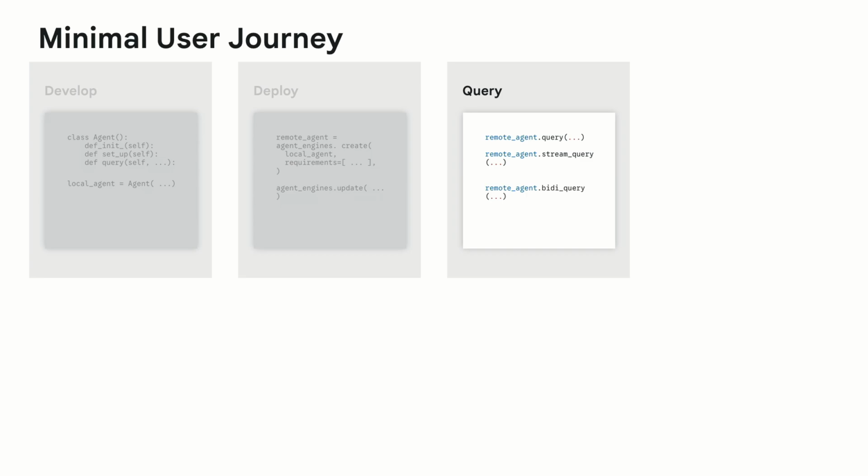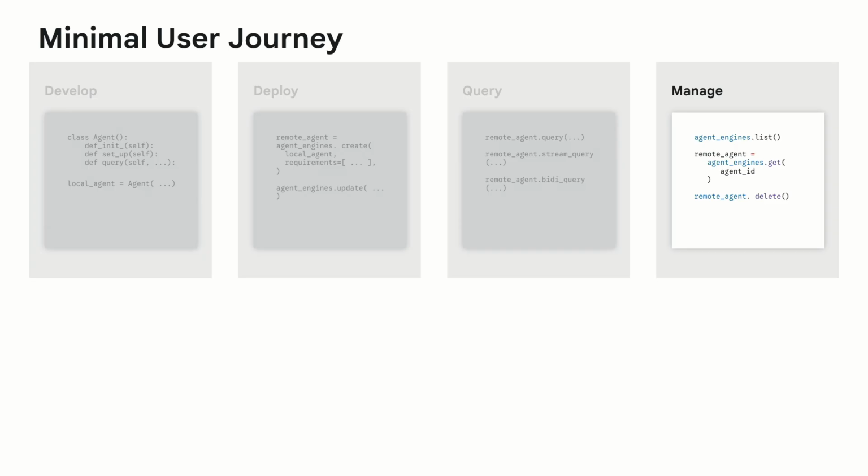Once deployed, your agent is ready to take requests at scale. Agent Engine natively supports 3 types of cloud APIs: unary, streaming, and bidirectional streaming. You can use some or all of those depending on your use case.